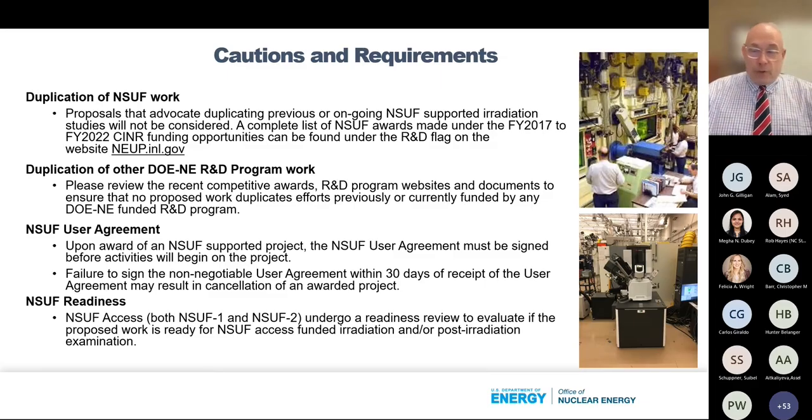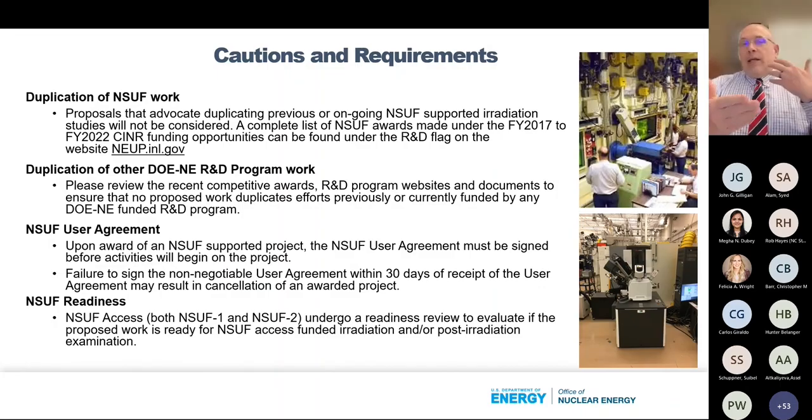The first line of defense is that the PI, the applicants, don't propose something that's already been done. So we give you some resources to look that up. If you think you might be treading in this area, please be very clear in your pre-application or your letter of intent why this is not the case, because we'll be looking at it.